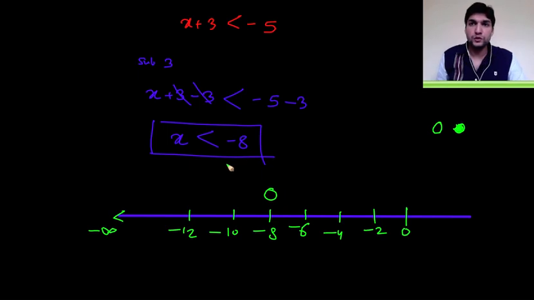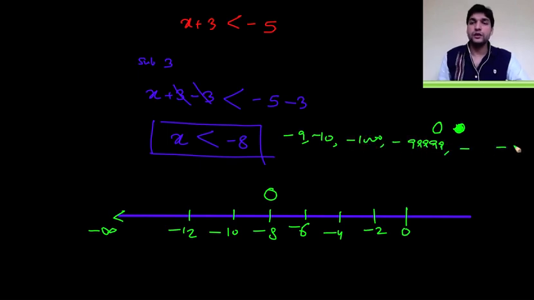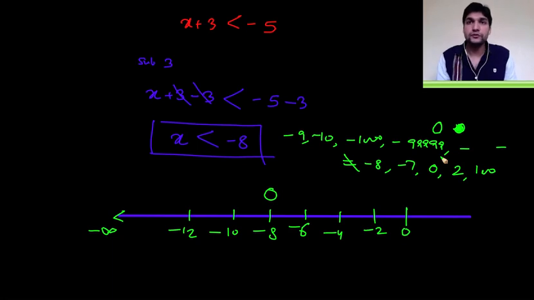Since x cannot be equal to minus 8, it can be minus 9, it can be minus 10, it can be minus 1000, it can be minus 99999, so on, whatever number you say, but it cannot be equal to minus 8, it cannot be equal to minus 7, it cannot be equal to 0, it cannot be equal to 2, it cannot be equal to 100. It can take all negative values, but those negative values must be lesser than minus 8, right?